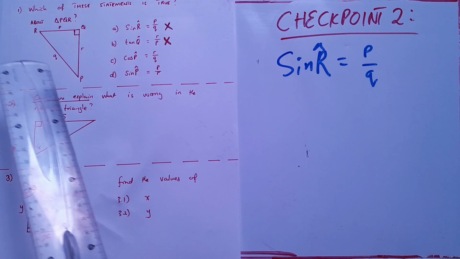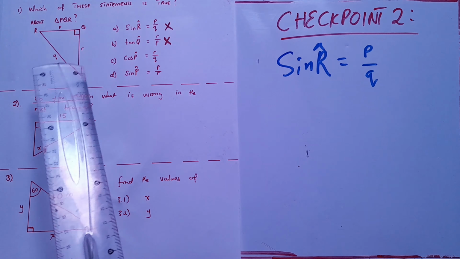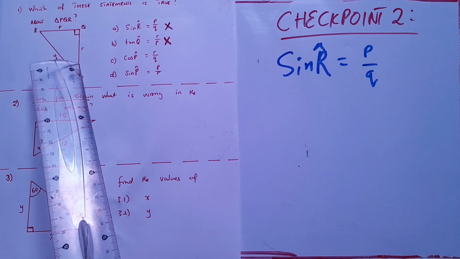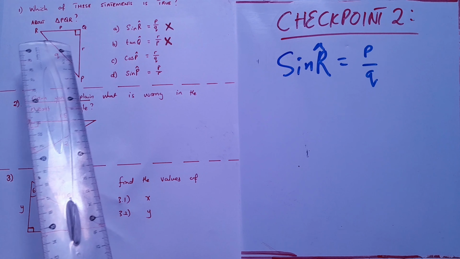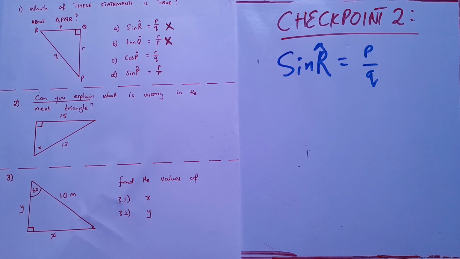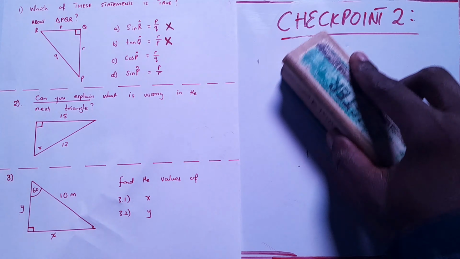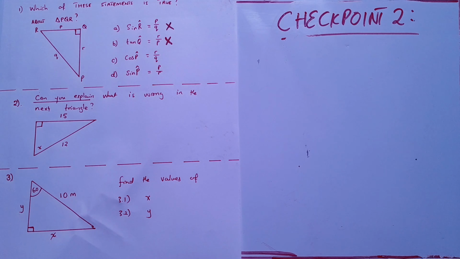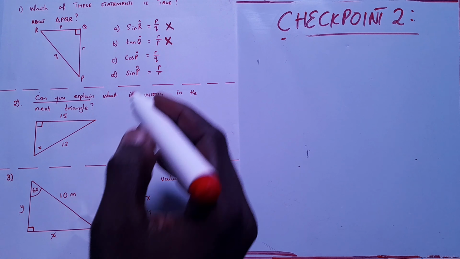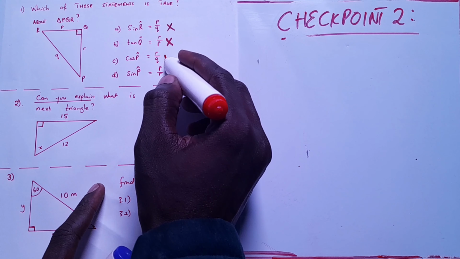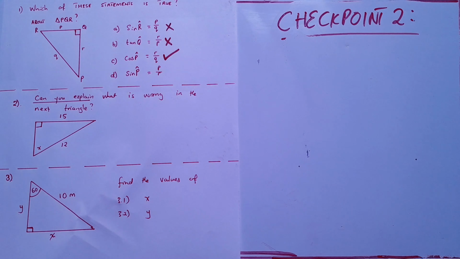Can you see that? So this statement is correct, because cos of this angle is equals to adjacent over hypotenuse. So our answer on number 1 is C.